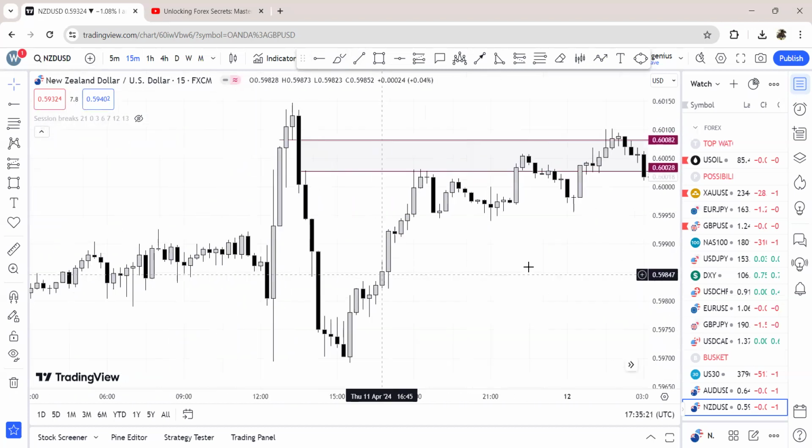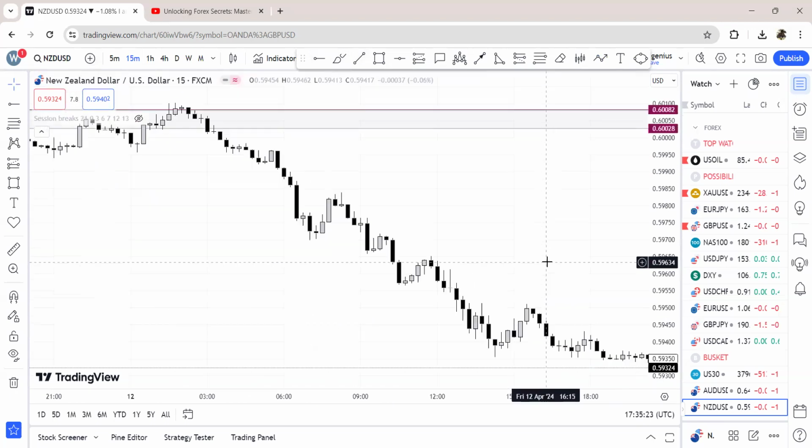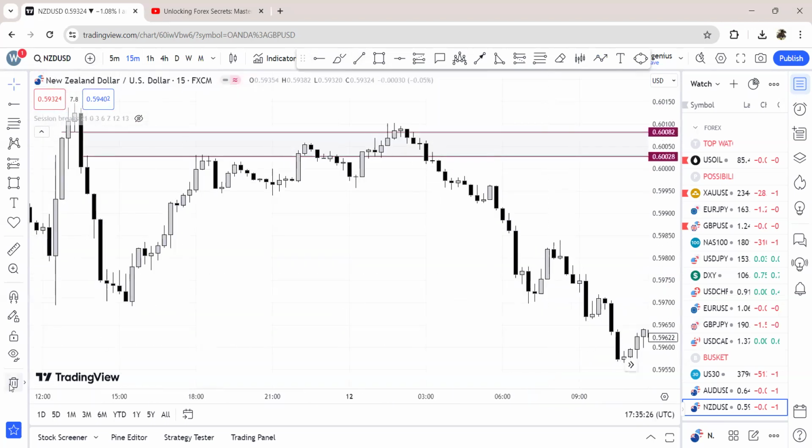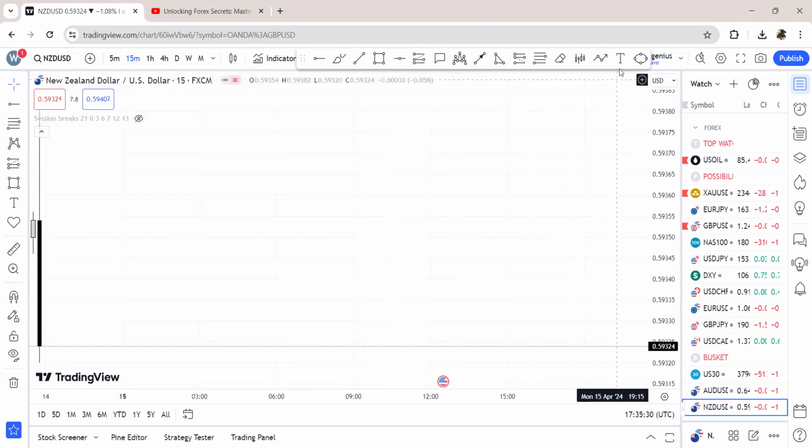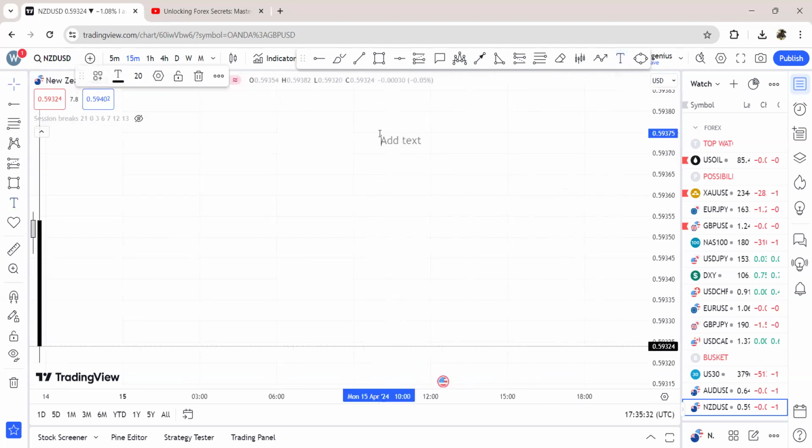So key things to remember before I even continue here. One, a trending market. So the first thing is you need a trending market.